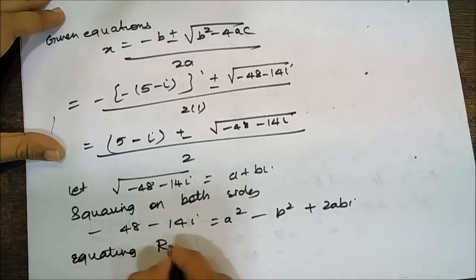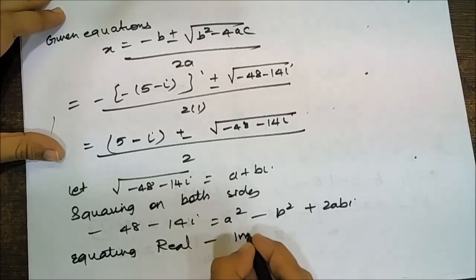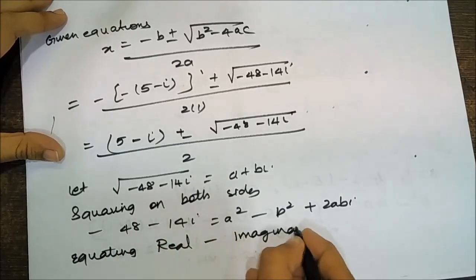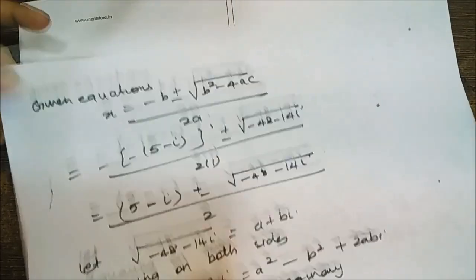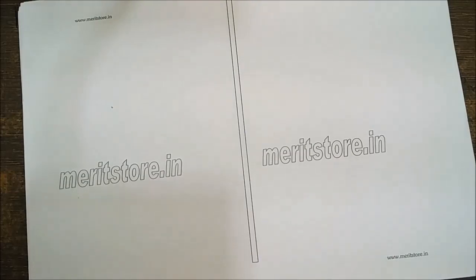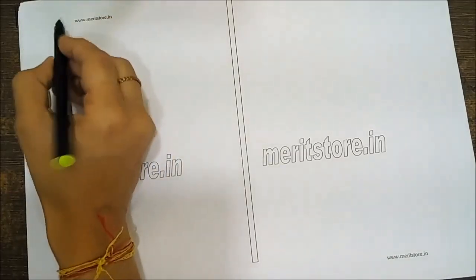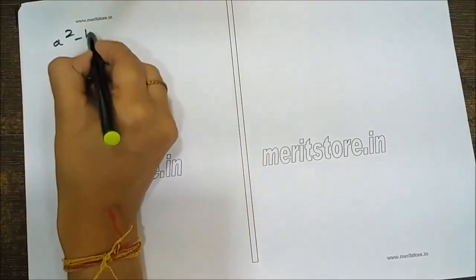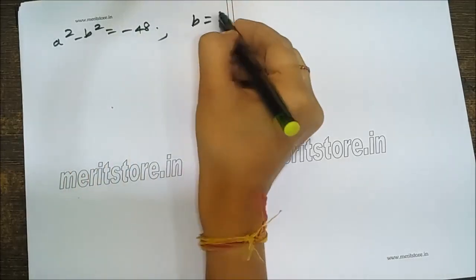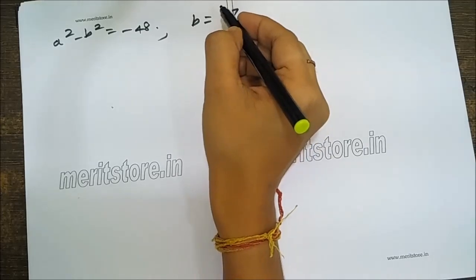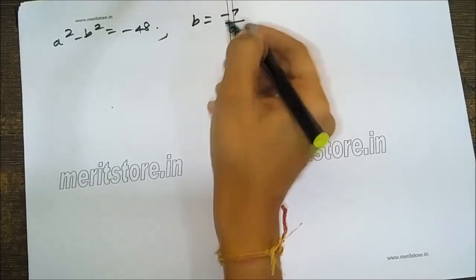Equating real and imaginary parts, a square minus b square is equal to minus 48, and b is equal to minus 7 upon a.